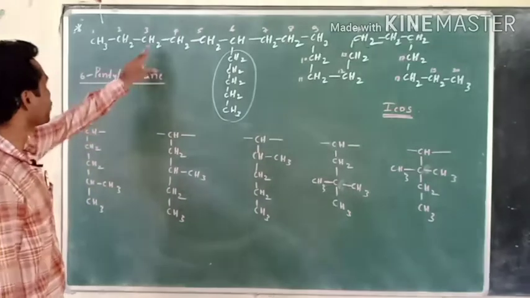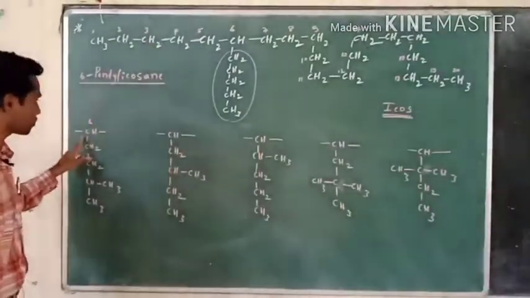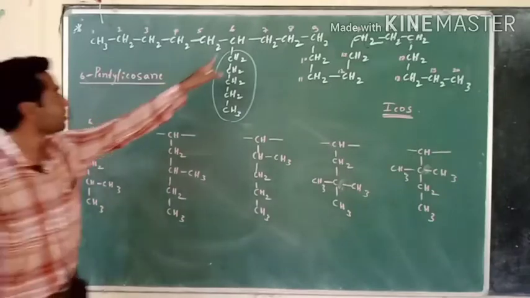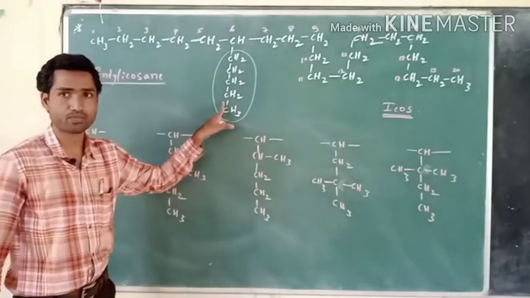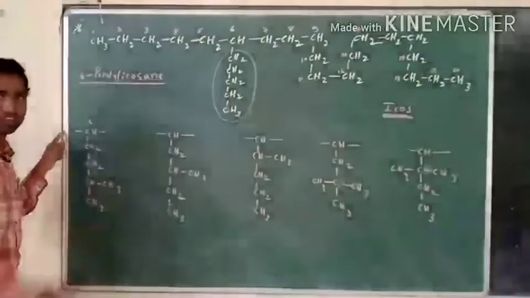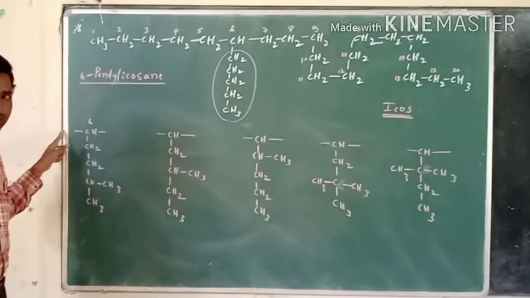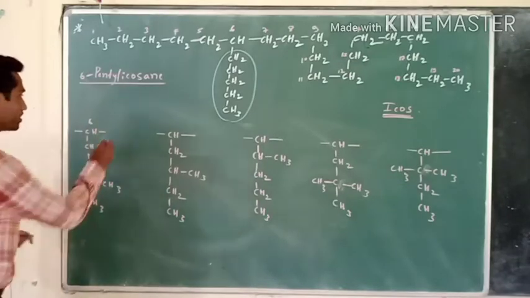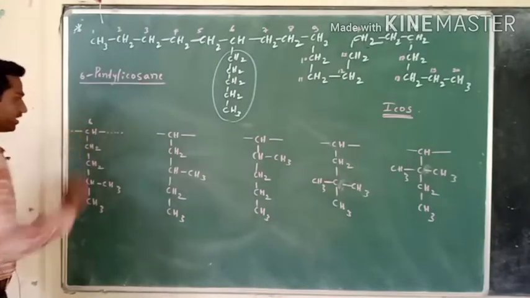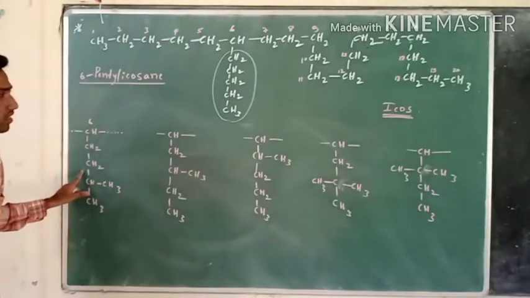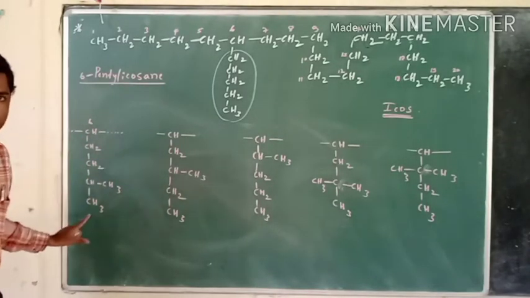So I am not going to write the longest carbon chain. In this example, I am just writing the 6th carbon to which the substituent is attached. Right. So it means that it is having 20 carbons in this longest carbon chain. Just remember like that. Icos is the root word for this longest carbon chain. So like that, at the 6th position, only the substituent I have indicated because of the lack of space here.